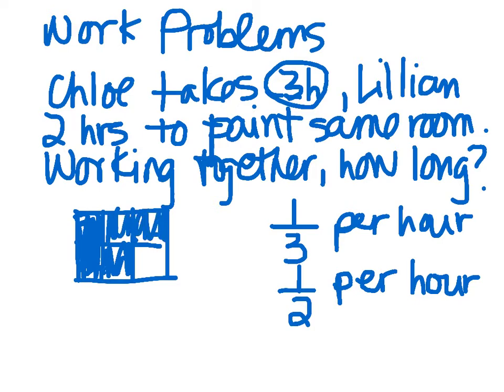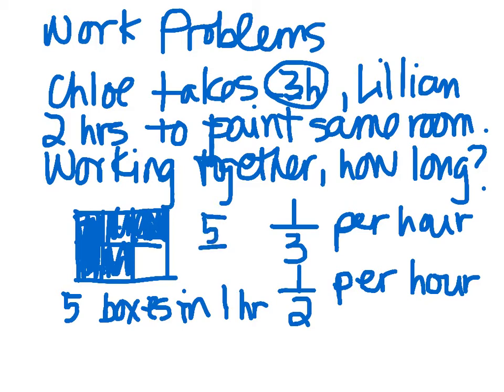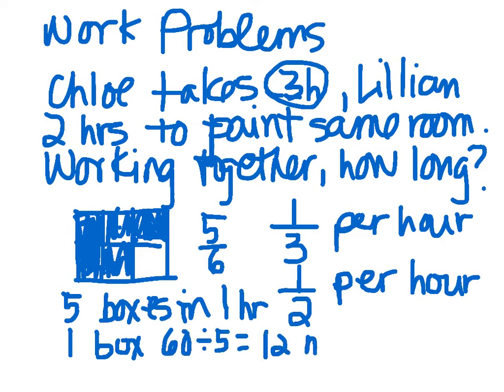Okay, so we've sort of obscured the lines here, but it's clear that we can get 5 of these boxes done in 1 hour. In other words, 5/6 done in 1 hour. So that means the leftover box, one box, takes 60 minutes divided by 5, or 12 minutes. The answer is 1 hour and 12 minutes. So that's how we reason it.